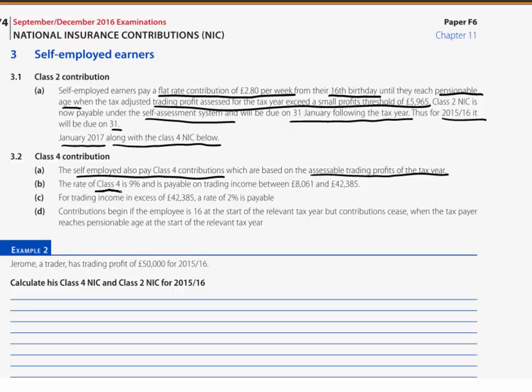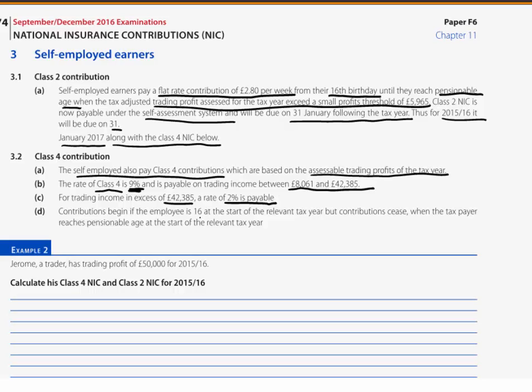So we only pay Class 4 NI on the trading profits that fall between 8,061 and 42,385, and that is payable at the main rate of 9%. Now again, when you go above that upper limit of 42,385, the rate falls to a reduced rate, which, just like with Class 1, is 2%.